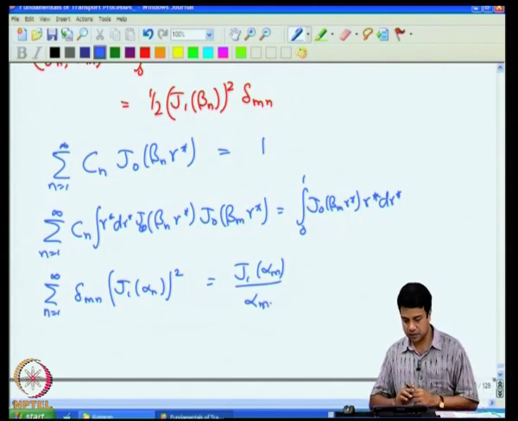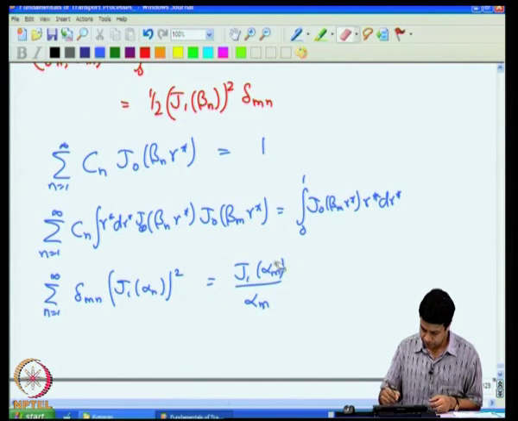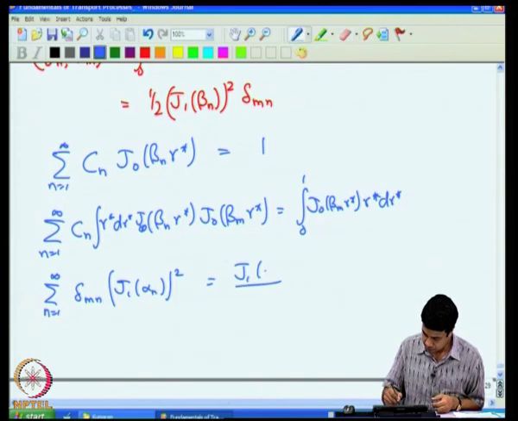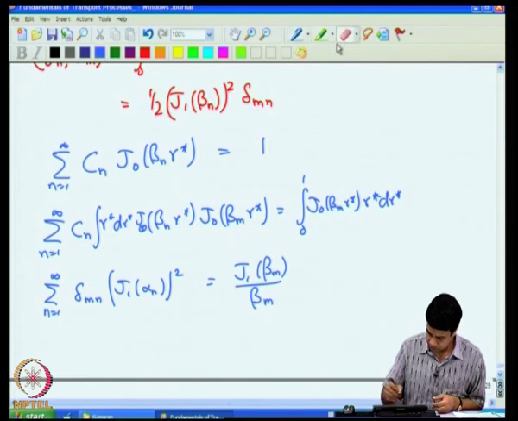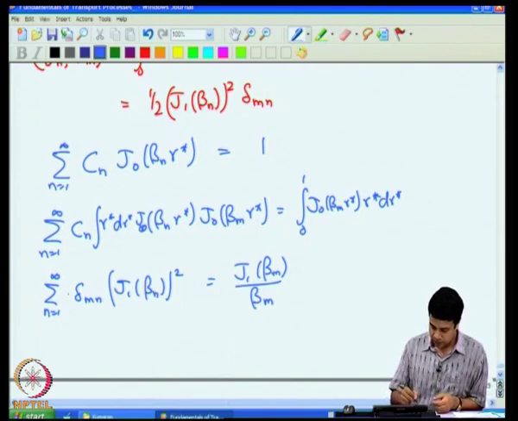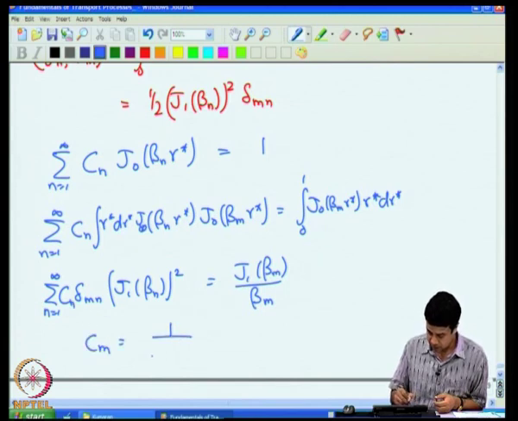The right hand side is an integral. So, therefore, I get C m equal to, I am sorry, I should get 2 by beta m J 1 of beta m.